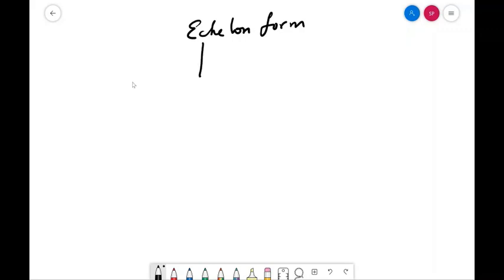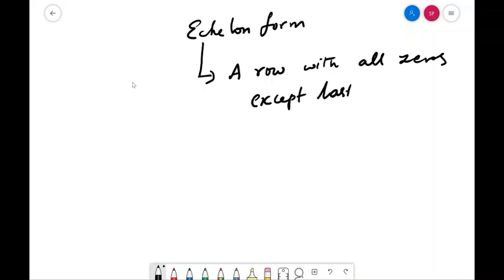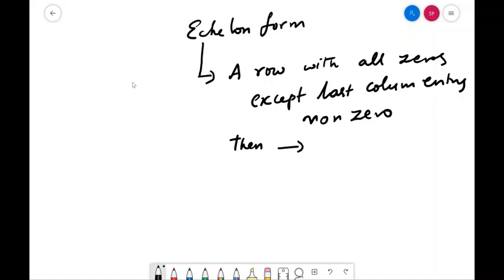The first point is to check for a row with all zeros except a non-zero last column entry. Then my answer will be, that is, 0 is equal to k. If you are getting this, then my answer is no solution.